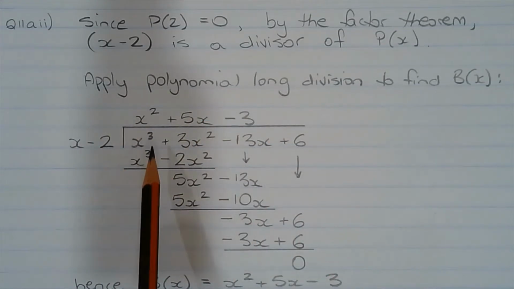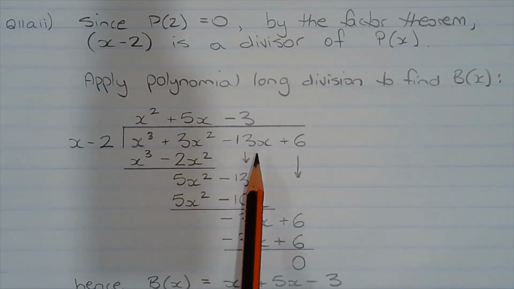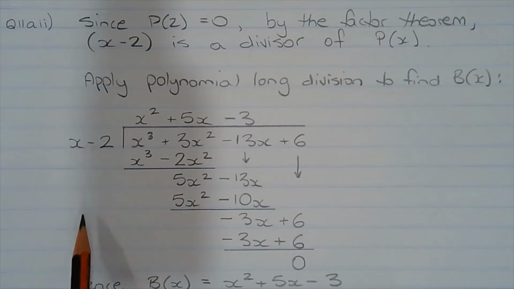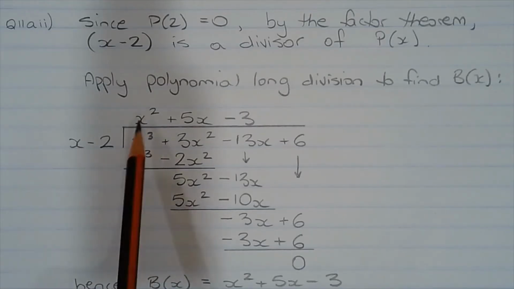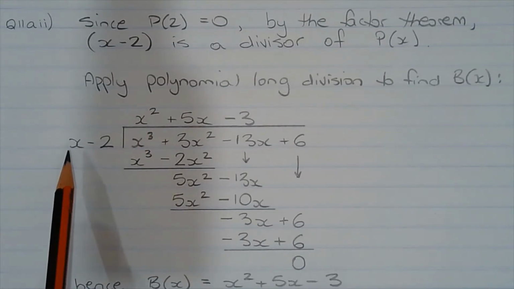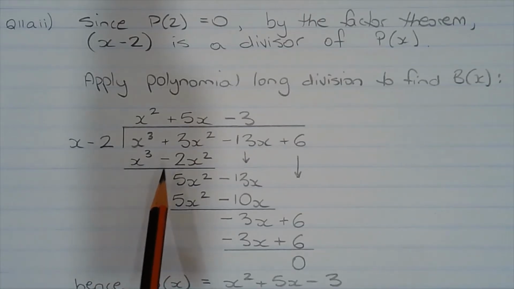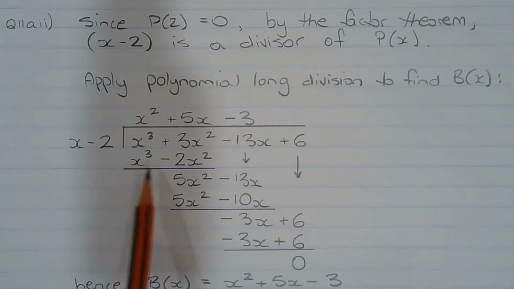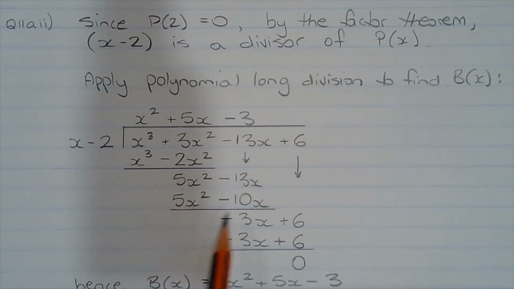So we're going to divide x cubed plus 3x squared minus 13x plus 6 by x minus 2. Applying the process of polynomial long division, x into x cubed goes x squared times. x squared multiplied by x minus 2 is equal to x cubed minus 2x squared, and x cubed plus 3x squared minus x cubed minus 2x squared is equal to 5x squared, and then we write negative 13x behind 5x squared.